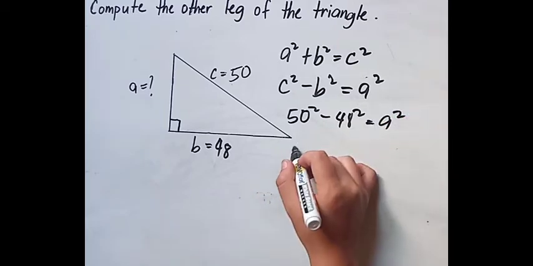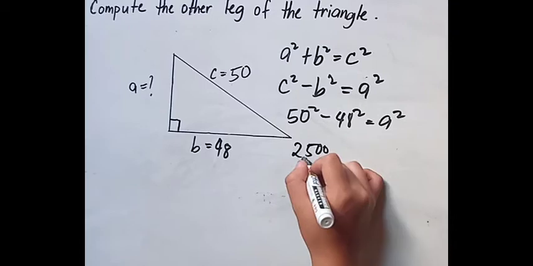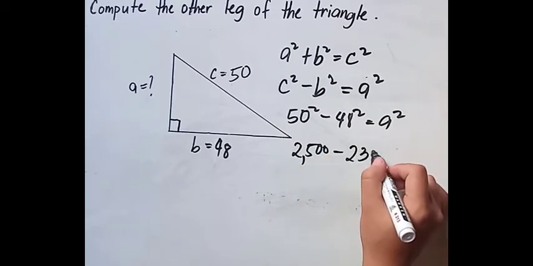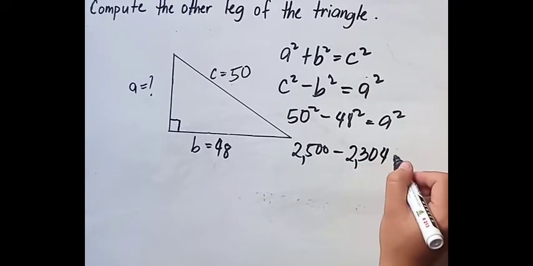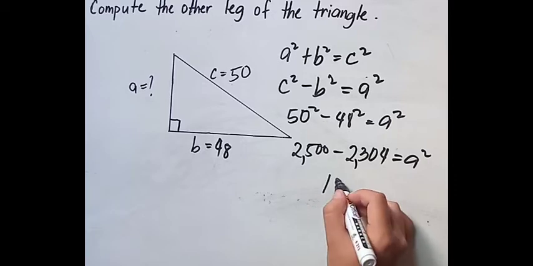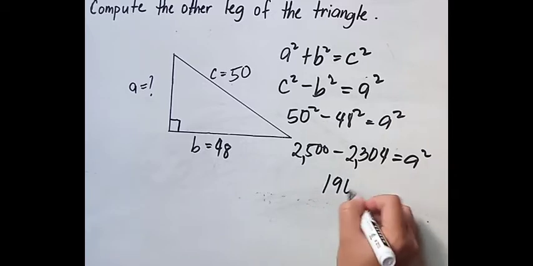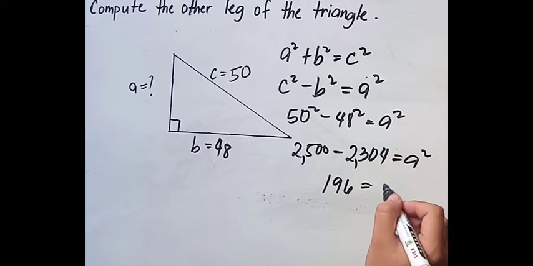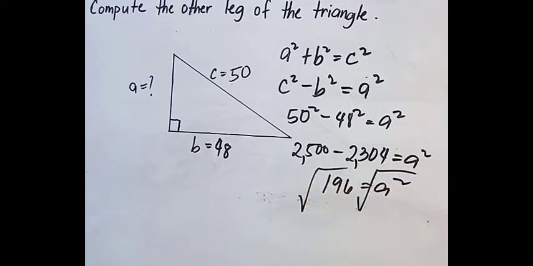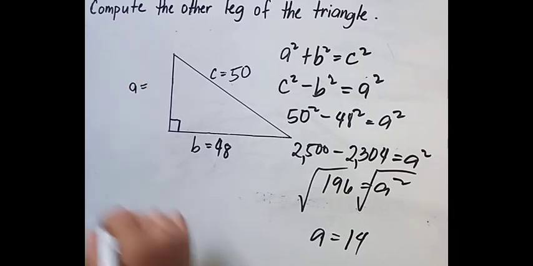So 50 squared, that is 2,500, minus 48 squared, that is 2,304, is equal to 196, that is equal to A squared. Extracting the square root of both sides, we get A is equal to 14. So our side A is equal to 14.